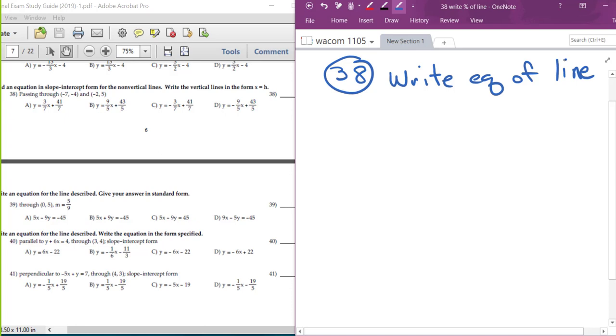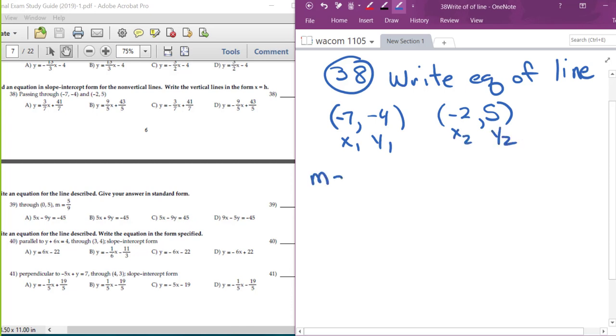They did not give you slope, so you have to figure it out. And so we have 2 points. We can use the formula to find the slope. So -7, -4, and -2, 5. So I'm going to call this x1, y1, x2, y2. So our m is change in y's on top over change in x's.